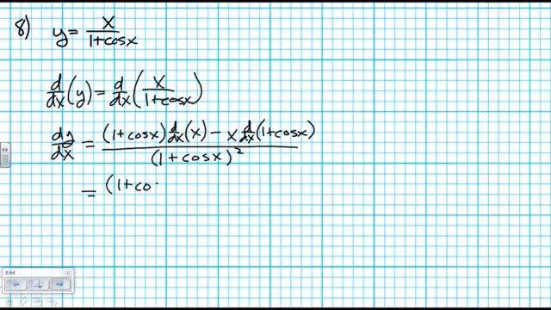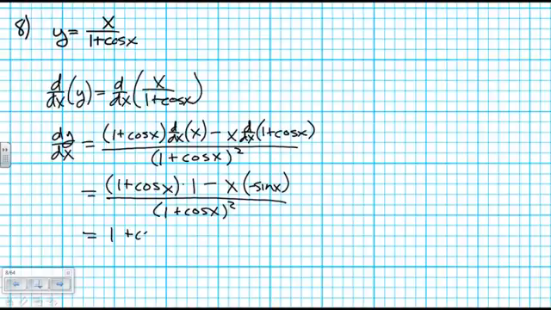1 plus cosine x, the derivative of x is 1. x times, the derivative of 1 is 0, but the derivative of cosine is negative sine. And this is all over 1 plus cosine x squared.